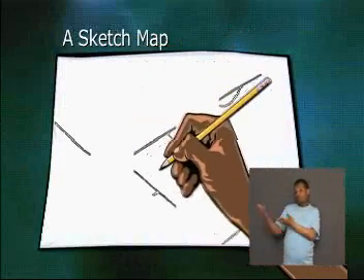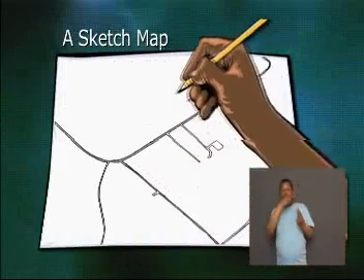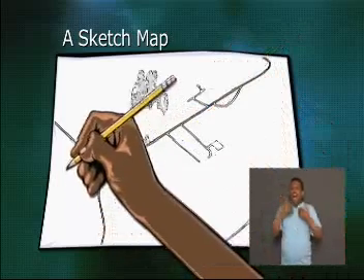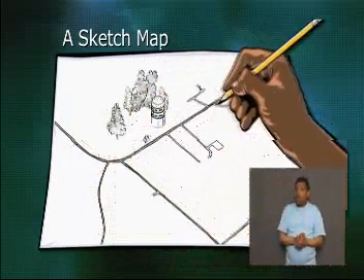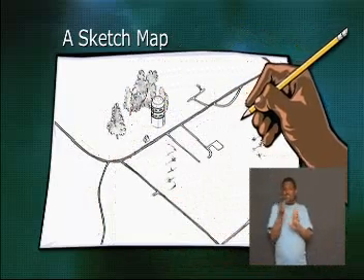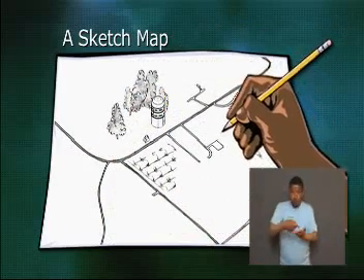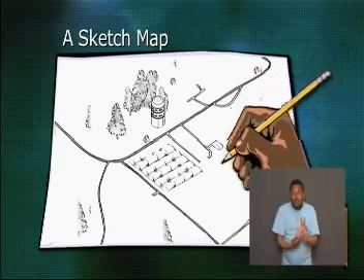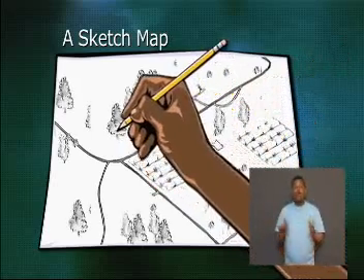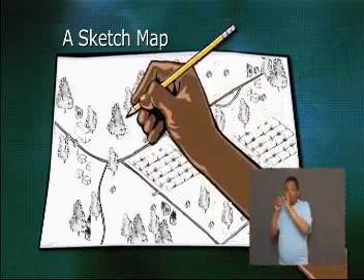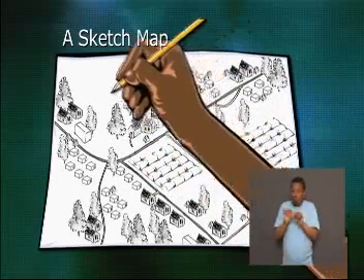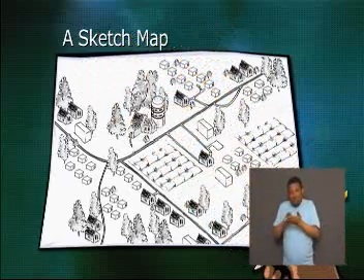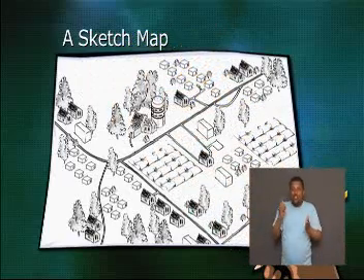Sketch maps are used because they have a number of helpful characteristics. For instance, they can be drawn quickly. This means that the geographer or surveyor can record information in a brief space of time, allowing him or her to work efficiently.